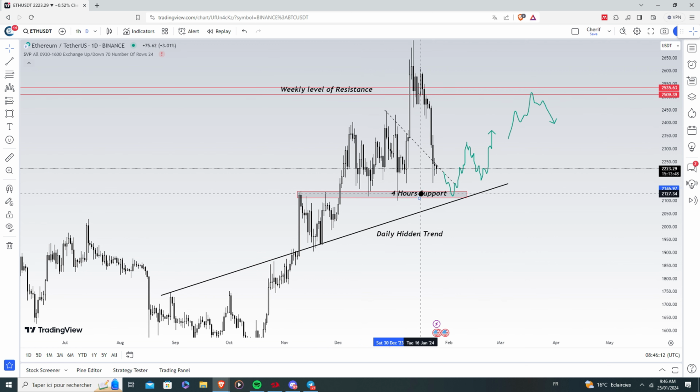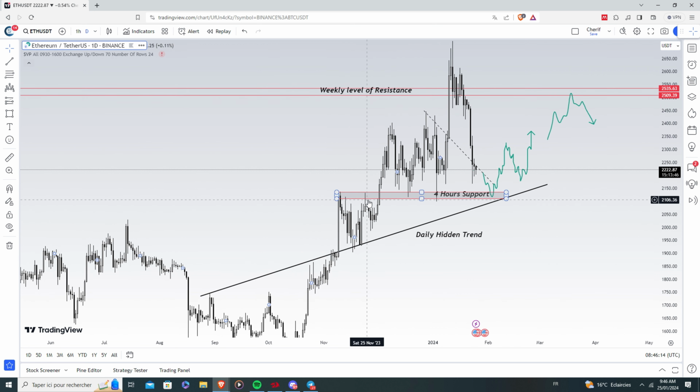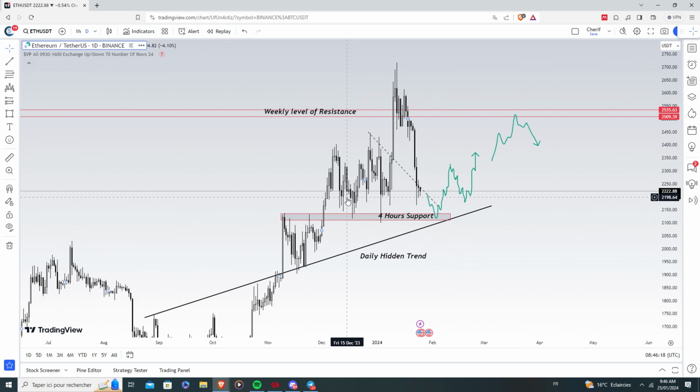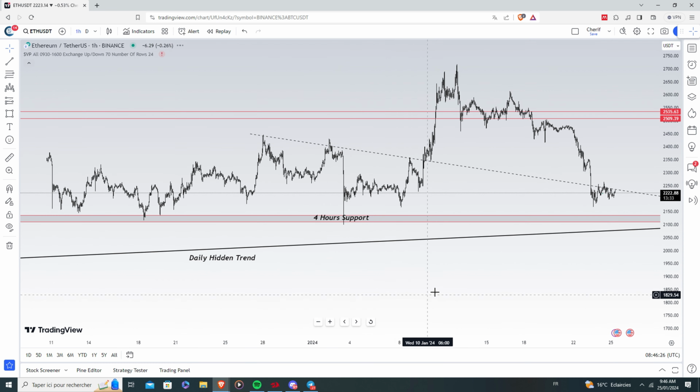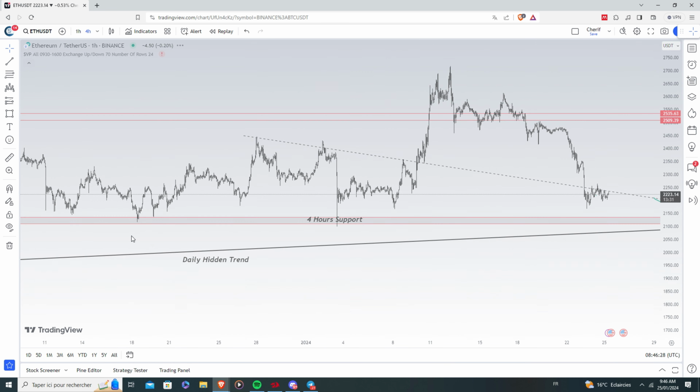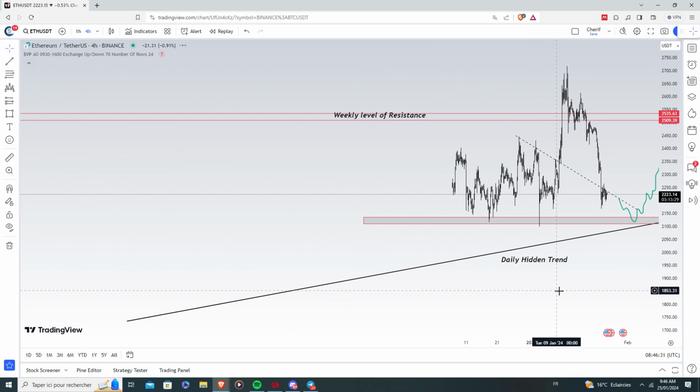On Ethereum, we also could see that we've got a 4 hour support rectangle. Right now, we're currently heading to it. And if we zoom into the 1 hour time frame, you will see that we currently have got a hidden trend as well. We could even see it on the 4 hour time frame.